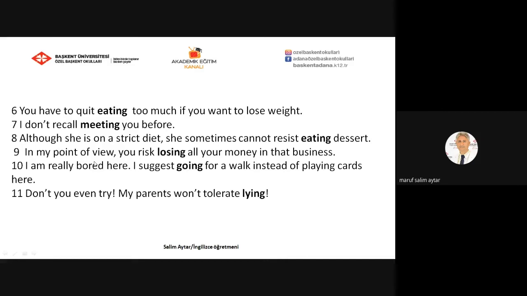In my point of view, you risk losing all your money in that business. In a way, I don't want you to invest in this business, actually. I'm really bored here. I suggest going for a walk instead of playing cards here. And finally, 11 says, don't you even try. My parents will not tolerate lying.